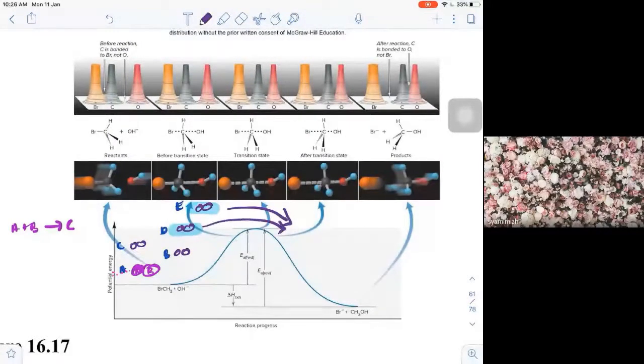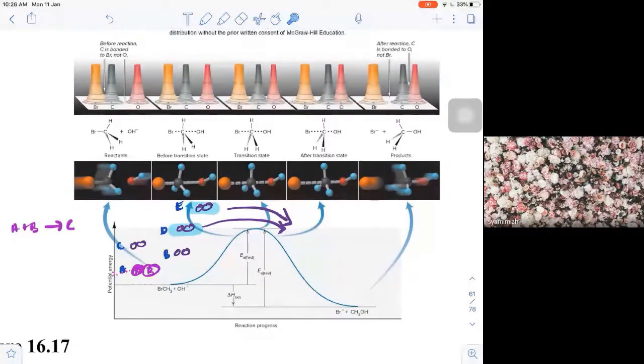Because only these 2 sets of collision achieve activation energy. This is the activation energy. So this is what I said: the first requirement for the effective collision is that the collision must occur with enough energy to achieve activation energy. These three sets do not achieve this activation energy. This is the potential energy diagram. You have learned this before.